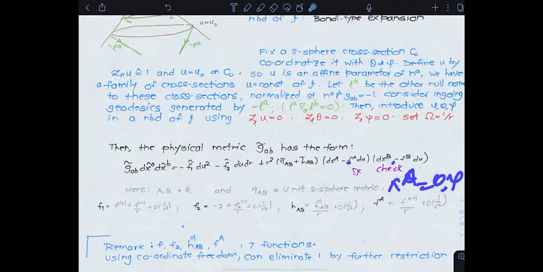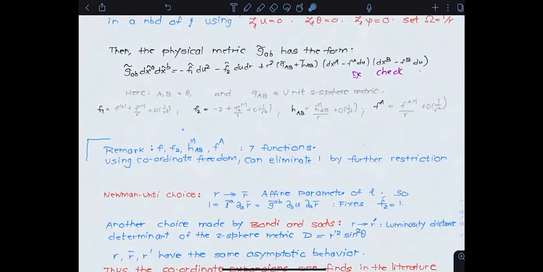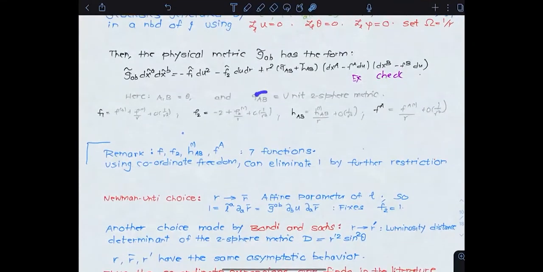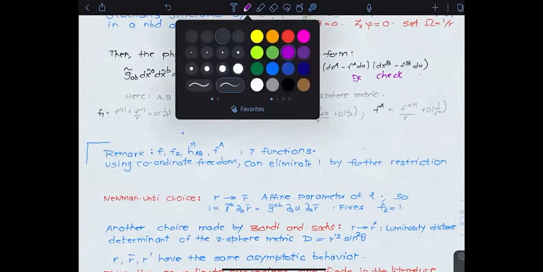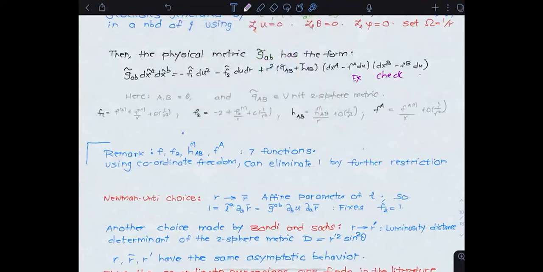So capital A, capital B always will take values 1, 2. I don't need to introduce such notation, but it is very common in the literature, and it might be useful for you. So I'll just do that. So q tilde AB up here, sorry, this should have been q tilde AB, is a unit two-sphere metric.